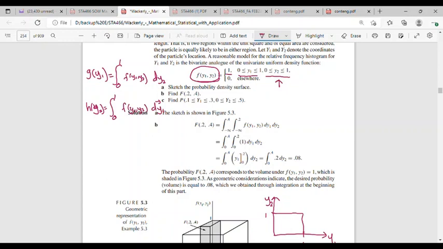Okay, let's say kat here, untuk dapatkan marginal untuk y1, so we need to integrate function 1 with respect to y2, 0, 1. So this one is very simple lah, sebab yang sama. So we'll also get 1. Sama juga.